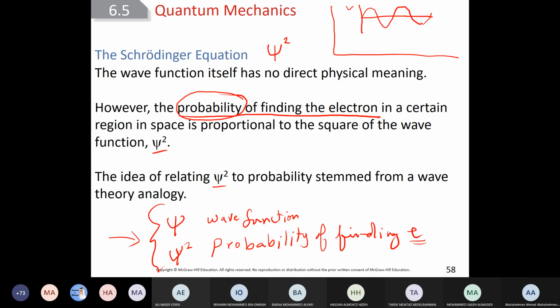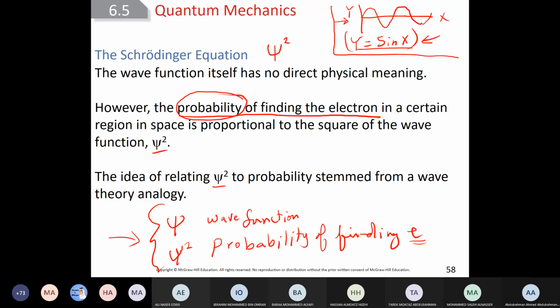If this is y and this is x, can you make a wave function to represent this wave? Yes, sine x. See, you developed the wave function for this wave.